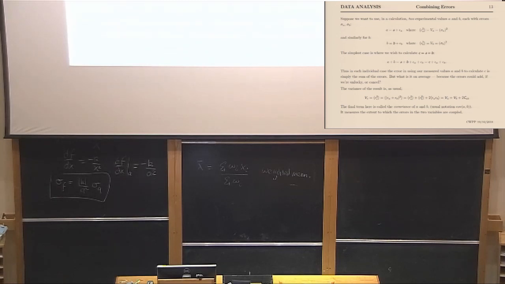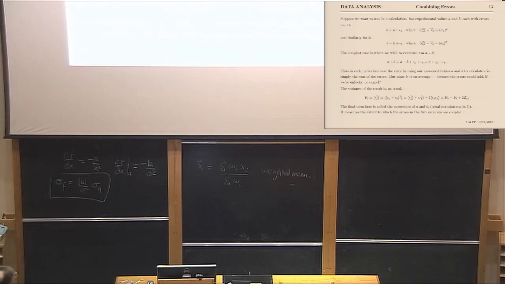On average, if we did this many times, calculated A plus B using experimental data many times, then each of these errors would average to 0, and on average we get the right answer. Okay, so the best possible answer for C is definitely the sum of our experimental numbers.